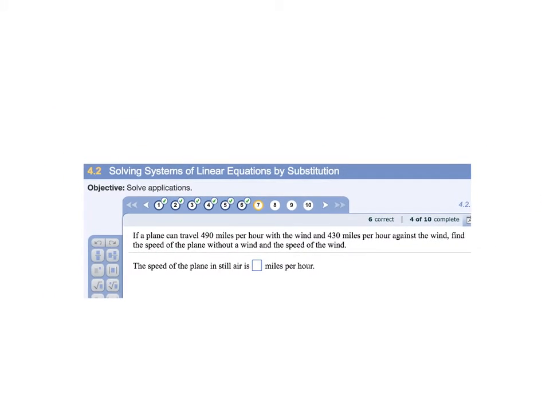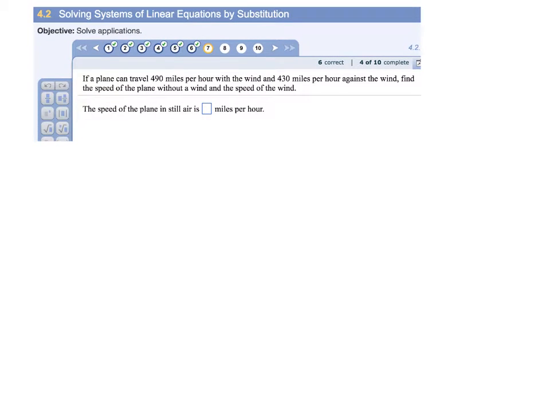All right, now this one is a little bit different, although not terribly. So it says, if a plane can travel 490 miles per hour with the wind and 430 miles per hour against the wind, find the speed of the plane without the wind and find the speed of the wind. So the idea is, what is that 490 miles per hour?